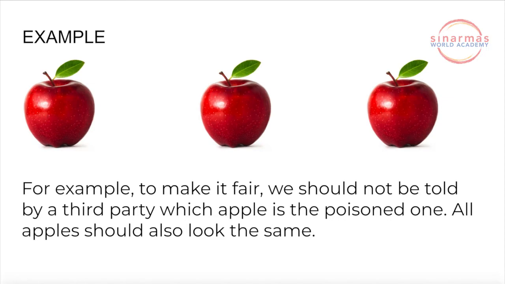We should not know which apple is poisoned or which are not poisoned, and all apples should look exactly the same. We also can't check each apple individually to find out which one is poisoned and which ones are not.